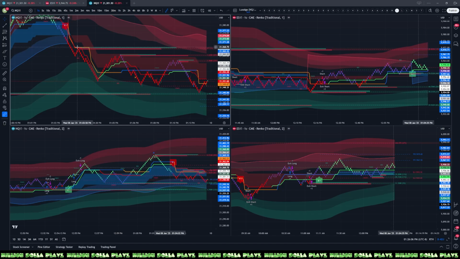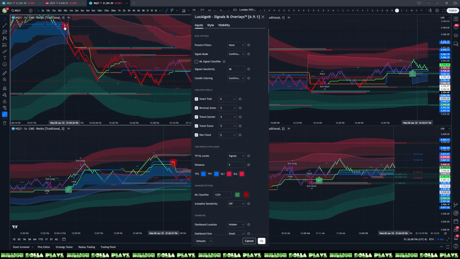So I had to set them to my own personal preferences, which is a much higher signal sensitivity than 12. I just did it in multiples of 12, so I'd put 12, 24, and so on up to where it's at.